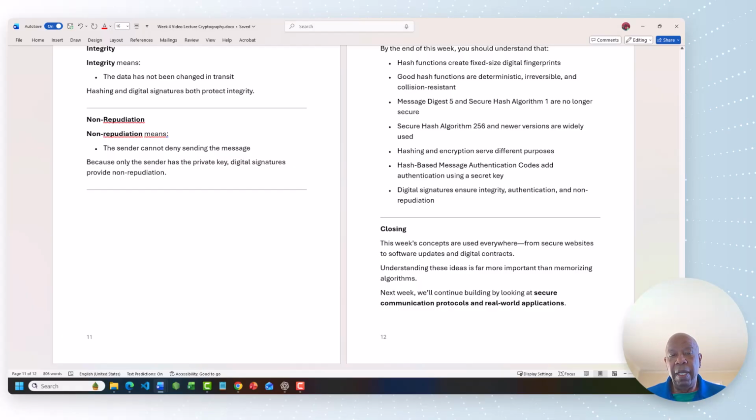Okay. And a good example of that is when we look at our projects. We are basically taking things that have already been created and exercising them, putting the input in, getting the output out, seeing how those differ across the various hashing functions that we've been discussing. Okay, so again, understand those ideas are far more important.